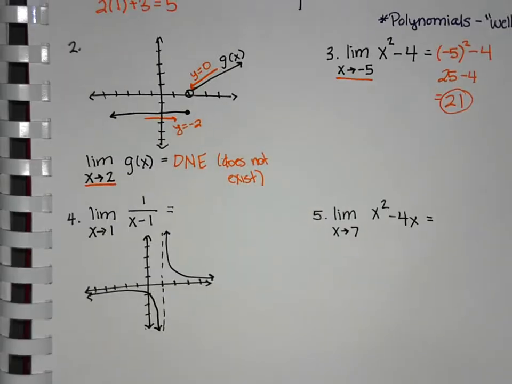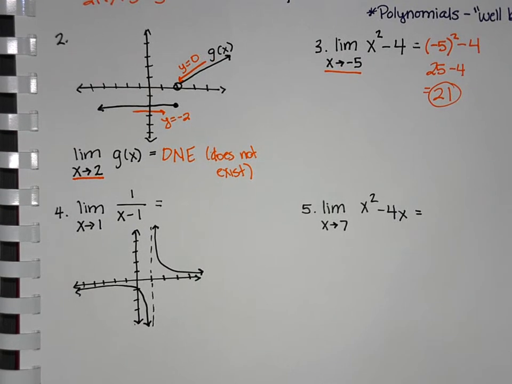In order to do something like number 4, we're going to have to graph it. We'll learn a couple of other methods in a day or two that can help us do it without graphing, but for right now, you just sketch the graph. Feel free to use Desmos or a graphing calculator if that's what you need to get a sketch accurate enough to find the limit.